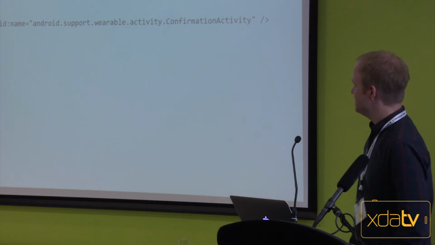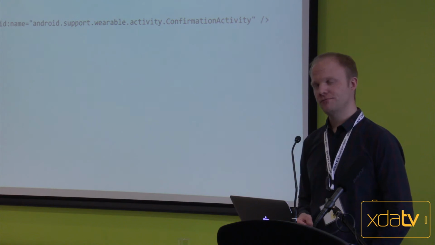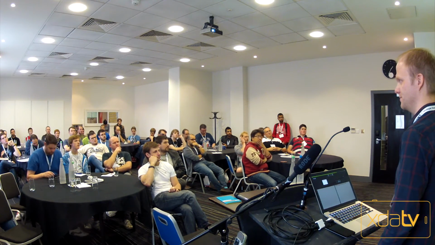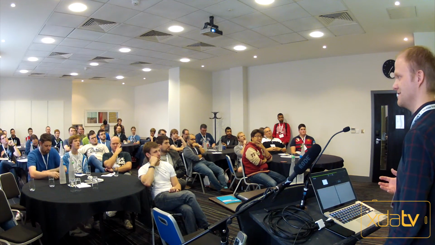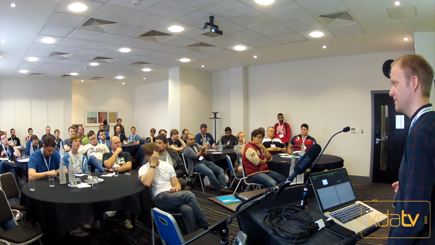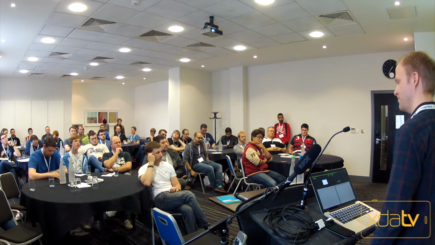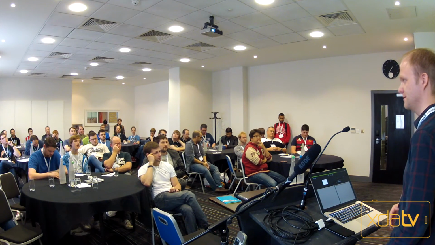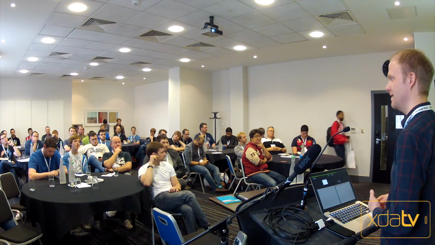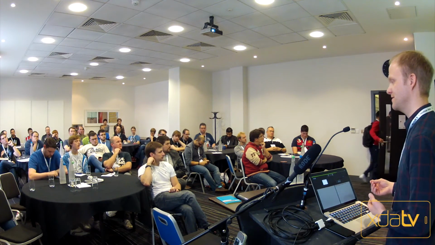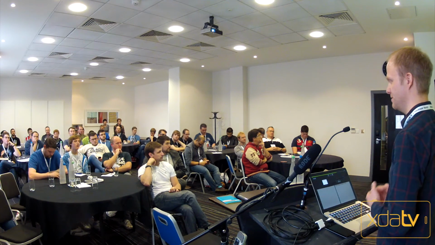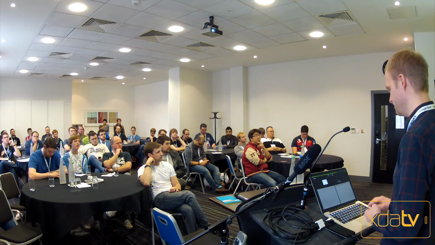To do that, you need to work with something called a confirmation activity, which is a new kind of activity in Android Wear. But you shouldn't think of it the same way as the standard activity or the other activity I mentioned earlier, because the confirmation activity is really just a layer on top of your application. You don't actually do any layout in there. You just provide this activity, and it will know which animation to show and then disappear automatically.